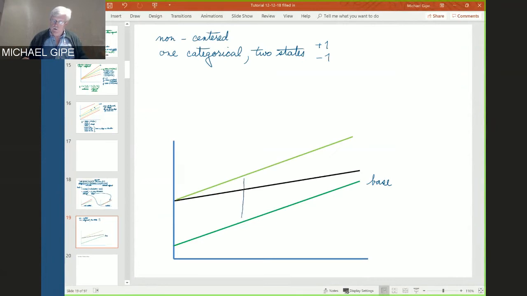For example, we're going to shift up by +1, and then we'll rotate it with, in this case, a negative. And if we had the other state of the categorical, we would be shifting it down.